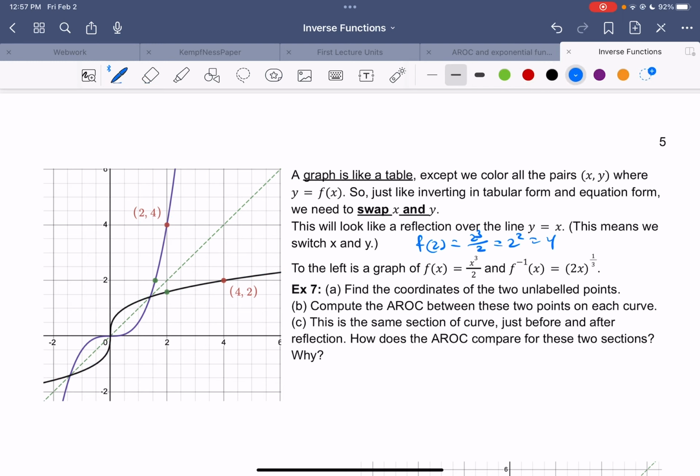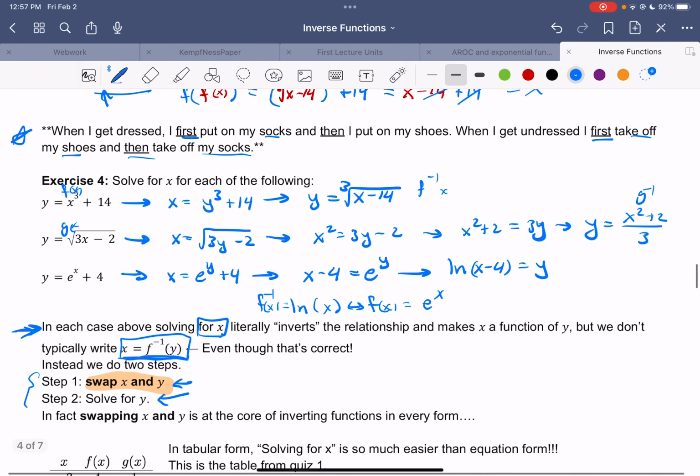Now, what I want to say about all this is, if I have something like y is x cubed over 2, and up here, when I first had this arrow, I was saying solve for x.